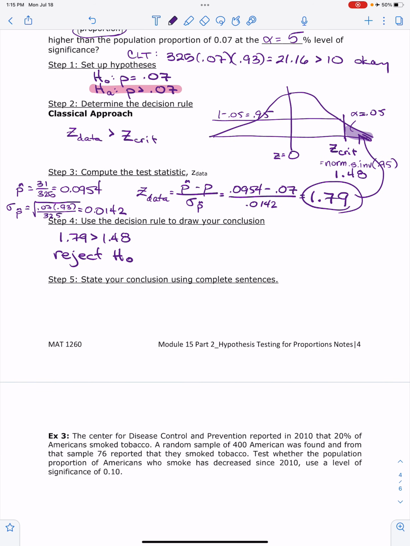State my conclusion. Again, not using complete sentences. I'm okay with the bullet points. We're going to reject H naught.